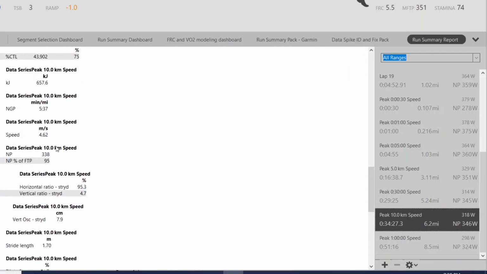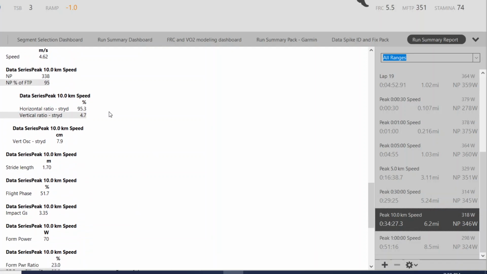However, normalized power was 338 because of the walking segments, the recovery segments. So the net effect, the normalized effect, is 338 watts and 95% of set FTP, a functional threshold power. So you can see that it better reflects the true physiologic stress of that interval session in terms of power.